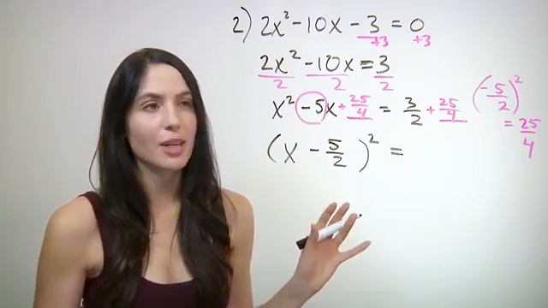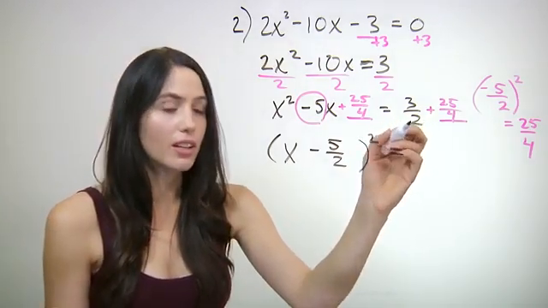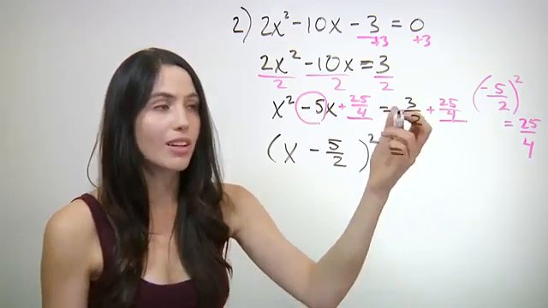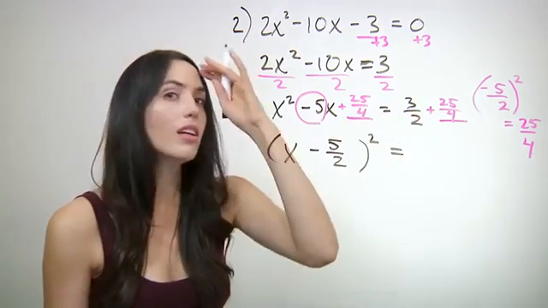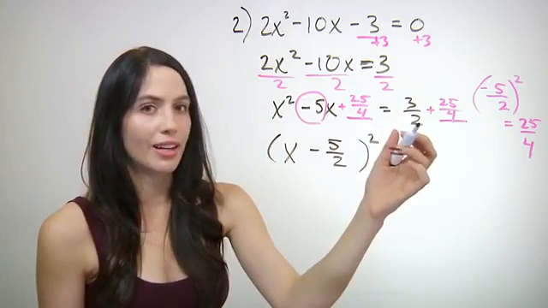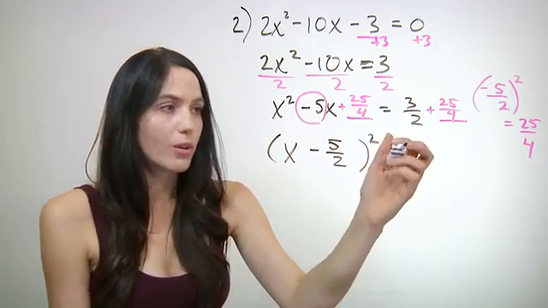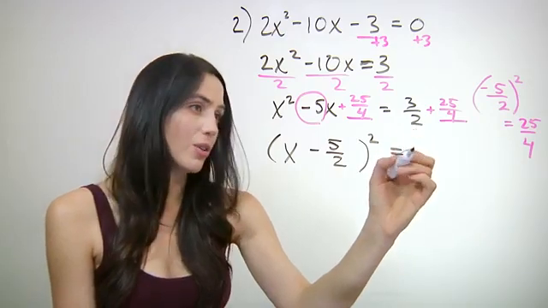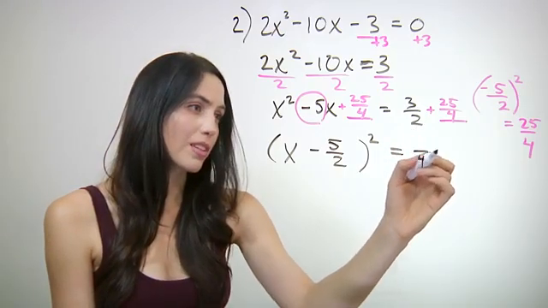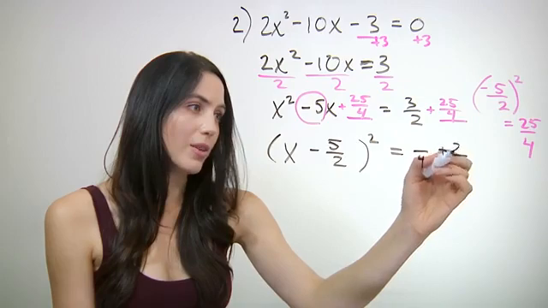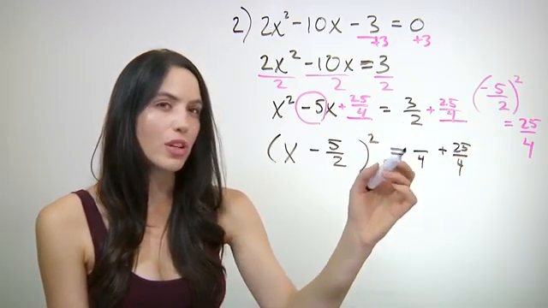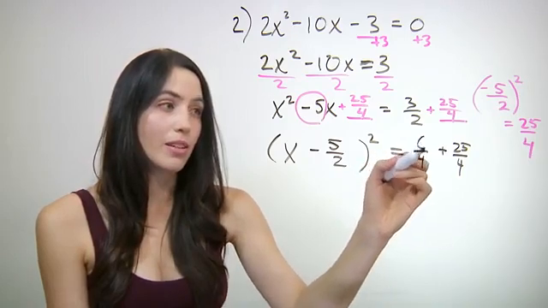Since this is an uglier example, it has some fractions involved. You'll have to get a common denominator in order to combine them, or plug them into your calculator if you're allowed to use your calculator. A lot of calculators are very good at adding and simplifying fractions. What you have to do is get a common denominator, which would be 4 in this case. So you have 25 over 4, and you have 3 halves, which can also be written as 6 over 4.